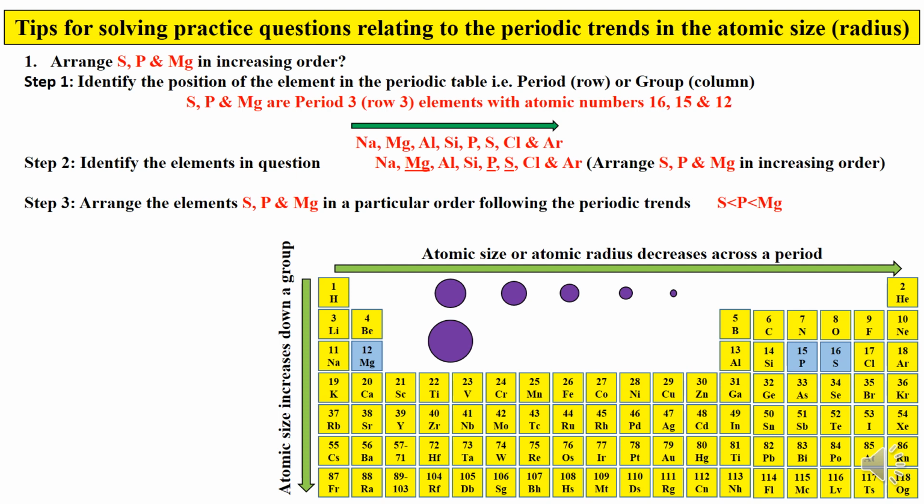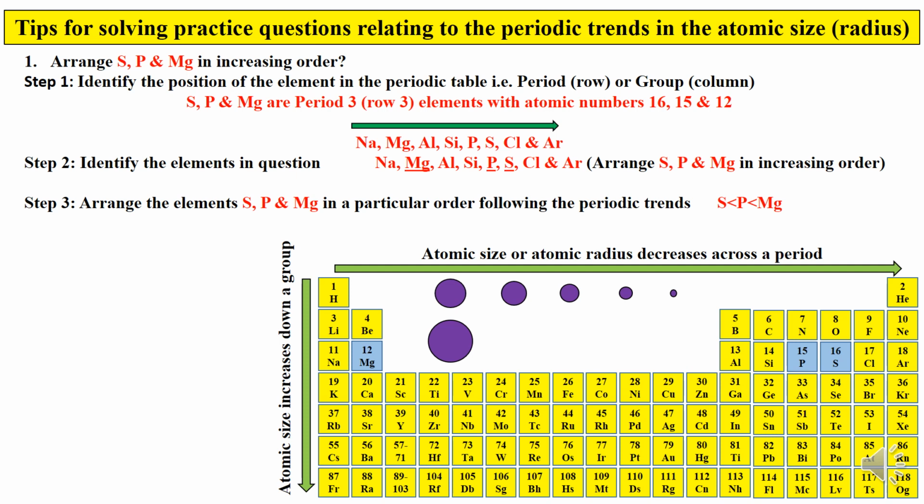So it's always important to read the question and understand it before answering. Now we have identified the position of the element and we have identified the elements in question. Now arrange the elements in a particular order following the periodic trends. When you follow the trend, the size decreases from left to right and this will be the order. Sulfur less than phosphorus less than magnesium.